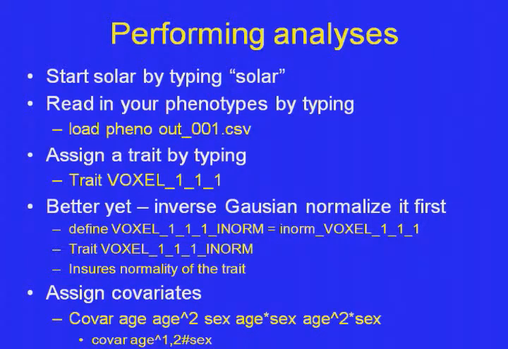Then you assign your covariates. In all analyses I typically include covariates for age, age squared, sex, age by sex, and age squared by sex interaction, and that can be compactly coded by the line you see at the very bottom of the slide.